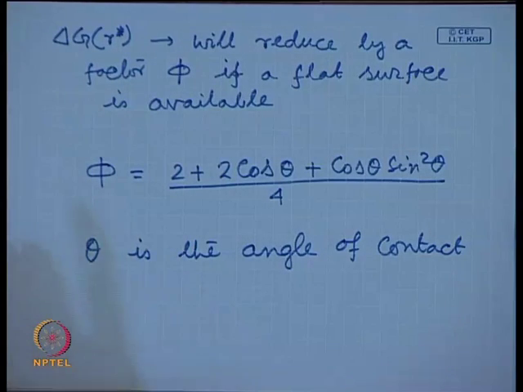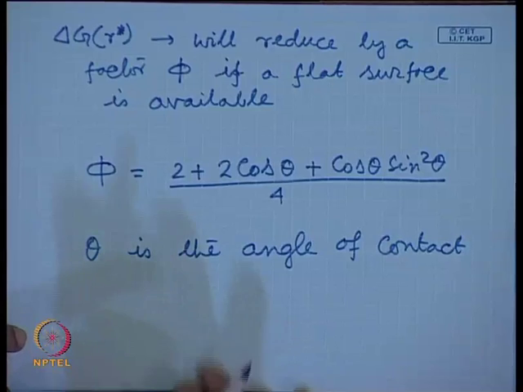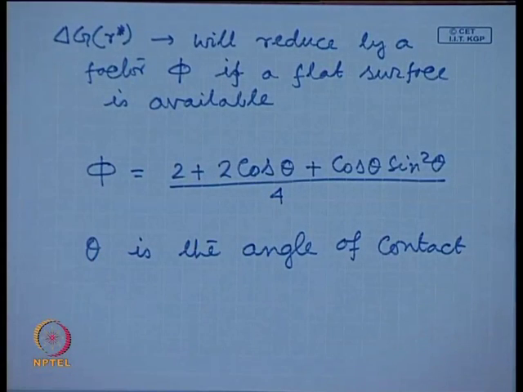So, on this particular solid surface, there is a triple line or triple point where there is liquid, vapor and solid contact. At that point the contact angle is given by theta. So, depending on theta, we will have different values of phi.